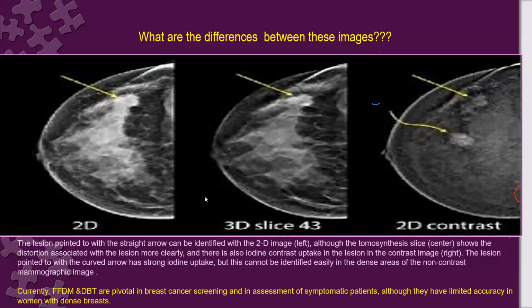As we mentioned, tomosynthesis is superior to full-field digital mammography in slightly dense breast, not in extremely dense breast. It has limited benefit in extremely dense breast. But here, contrast mammography is more useful.